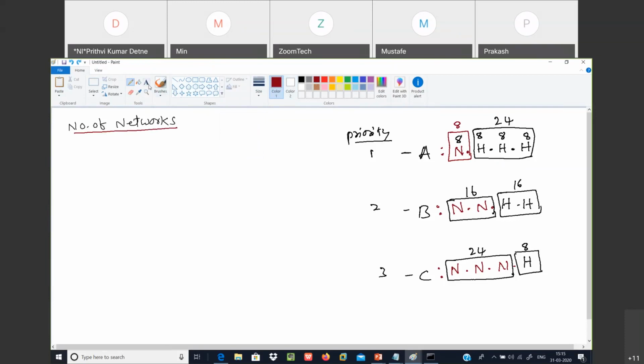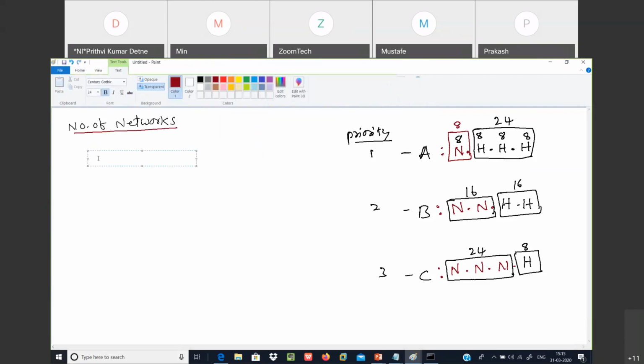For number of networks, generally we use one formula: 2 to the power of number of network bits minus priority bits.